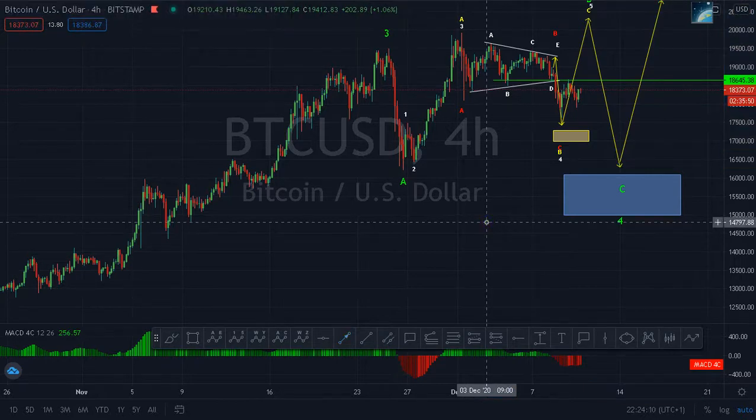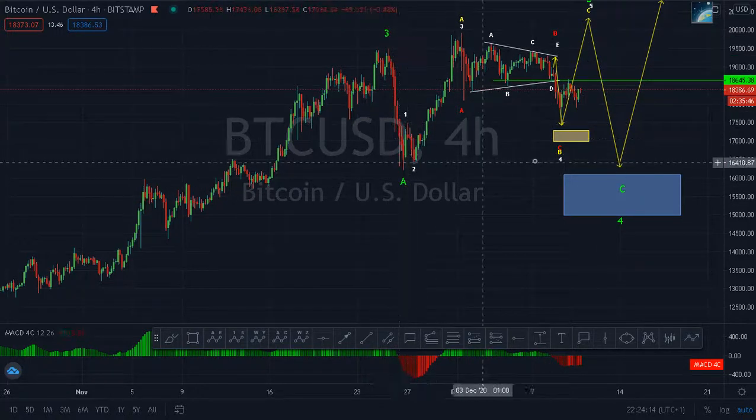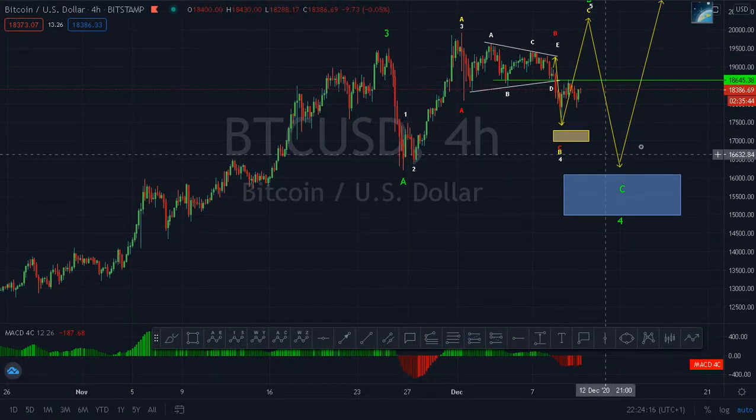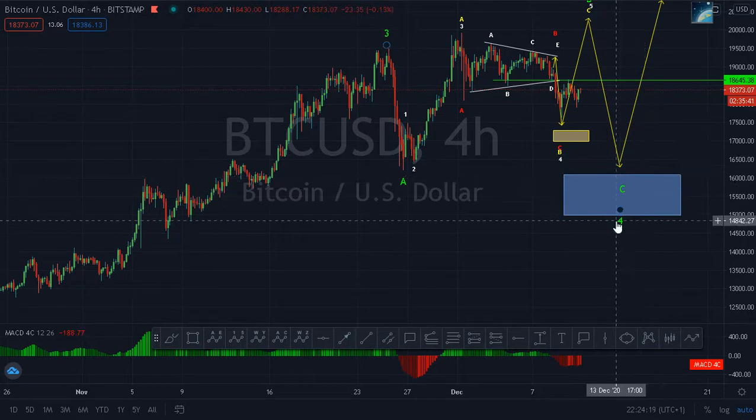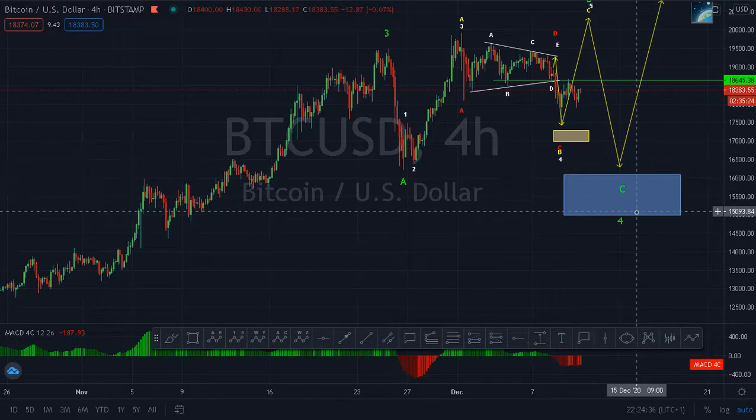If you want to buy Bitcoin, at least wait. Let this correction finish. It might end either here, or even down here. So I am waiting for Bitcoin to come down to 15,000, 15,500, 16,000, 16.5. I will only buy Bitcoin from here to here.